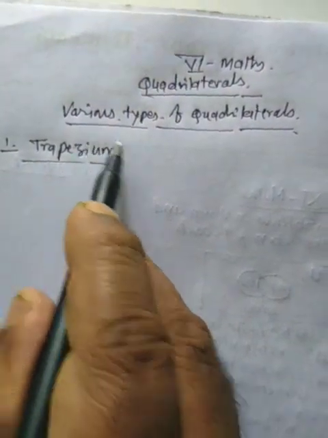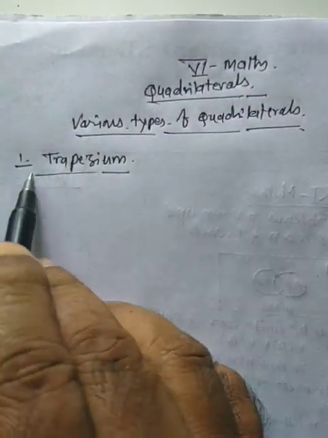Today we will see the various types of quadrilateral. Now, first, trapezium.